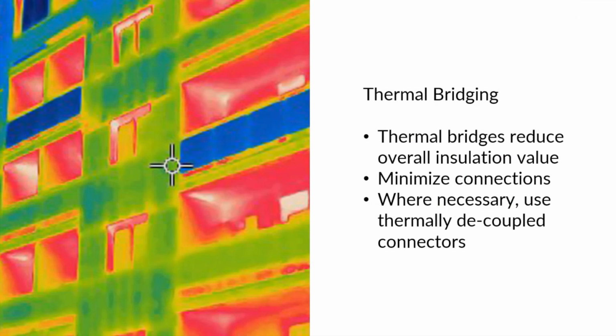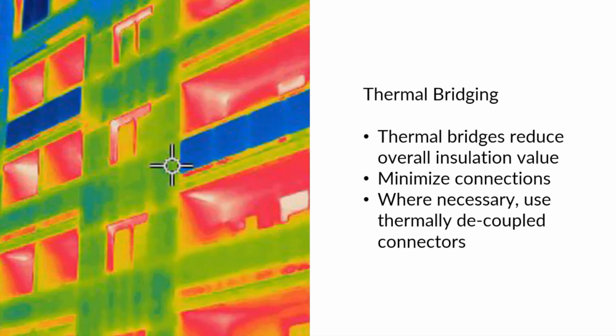If you've got a stud wall and you've got, say, R19 insulation in the cavity, your actual insulated value of that wall is not R19 because you have these studs that interrupt that insulation layer and transmit more heat from one side of the wall to the other, right? So your cumulative insulation value is reduced by that. So you want to reduce thermal bridging to improve your insulation value.